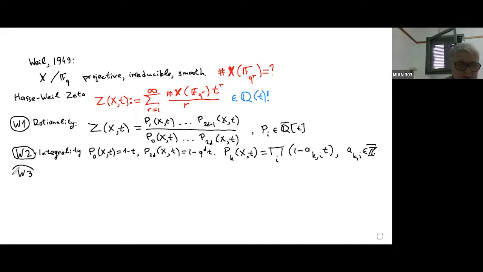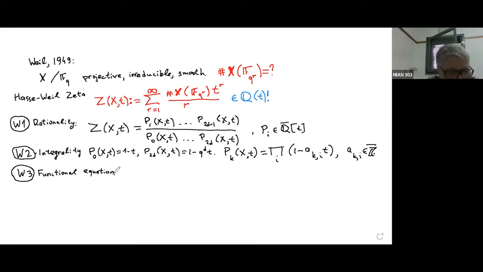Axiom 3: that is called the functional equation. And I interrupt myself to say something perhaps very well known, that various zeta functions are associated to different kinds of schemes, the objects of algebraic geometry.